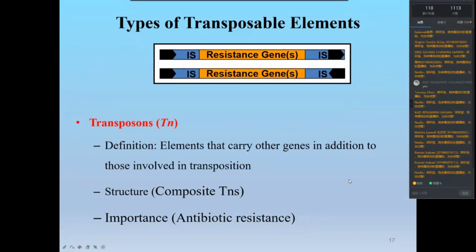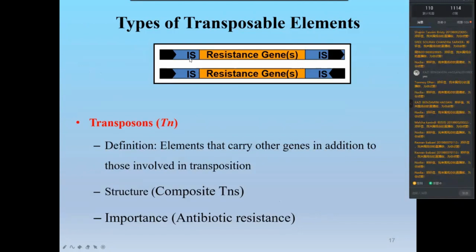And of course, there are other types of transposable element. For example, transposons. Transposons are more complicated. The structure is more complicated than this insertion sequence. These are the elements that carry other genes in addition to those involved in transposition.